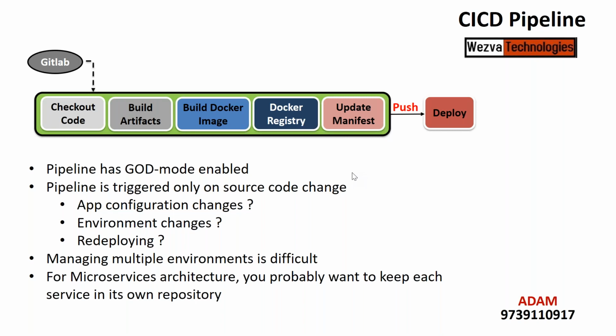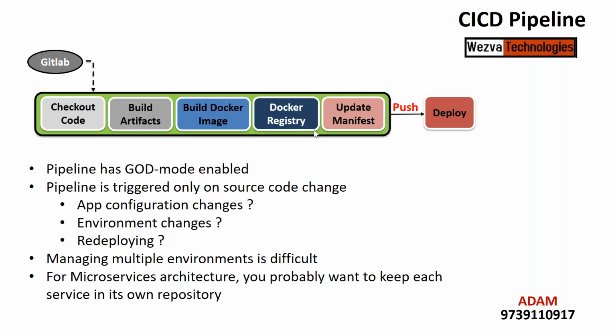Then you have to put some kind of monitoring tool which will find out whether your configuration file has been changed, or you have to manually go and trigger, and there should be an ability in the pipeline to do it, which is another problem. So that is where the pipeline will not get triggered by itself when you change application configurations like a config map.